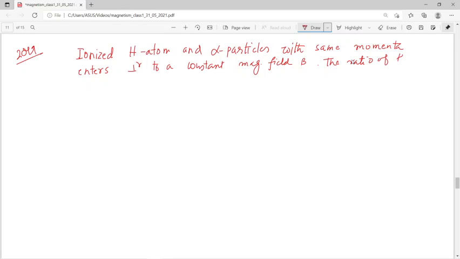The ratio of their paths will be what? I think you can give me the answer. Ionized hydrogen atom and alpha particle with the same momenta enter perpendicular to a constant magnetic field B, and you have to find the ratio of their paths.